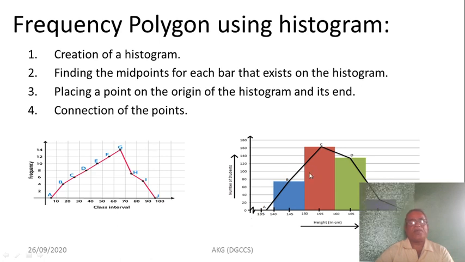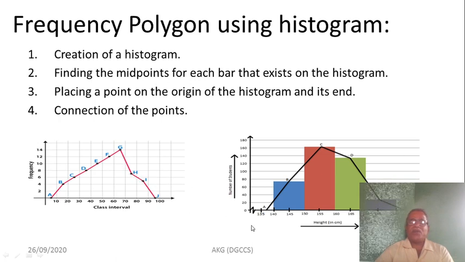So this is an example of the frequency polygon, the nature of the frequency polygon without histogram and with histogram. Without the histogram, we plot the midpoint on the x-axis, mark the point on the graph paper corresponding to the midpoint and its frequency, and join these points by a line segment.